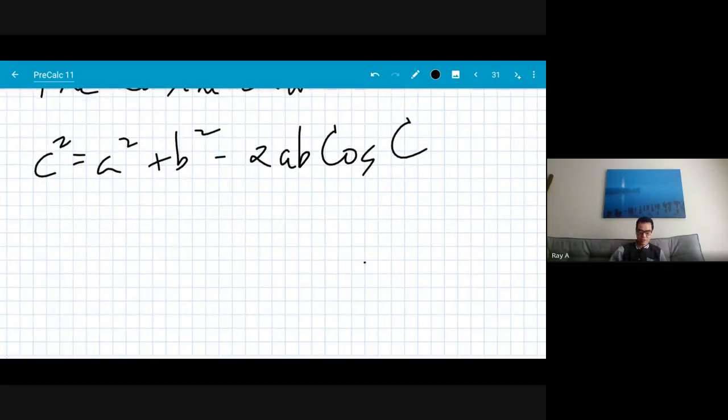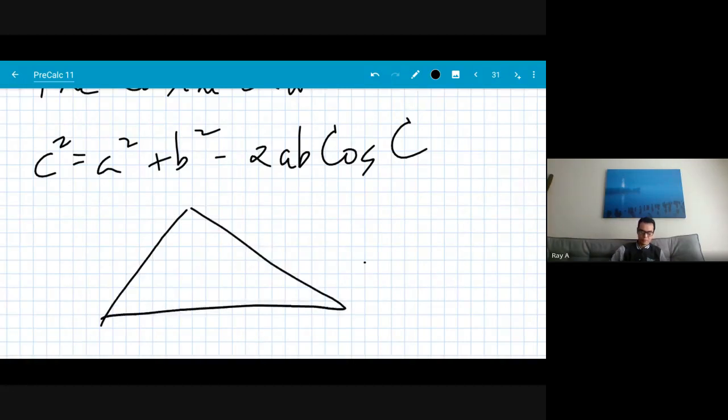If you have a triangle like this, ABC, and you're trying to find c, which is this one, what you're going to do is find the value of a, square it, find the value of b, square it, add them together. Then you're going to subtract 2 times the value of a times b and the cosine of angle c.